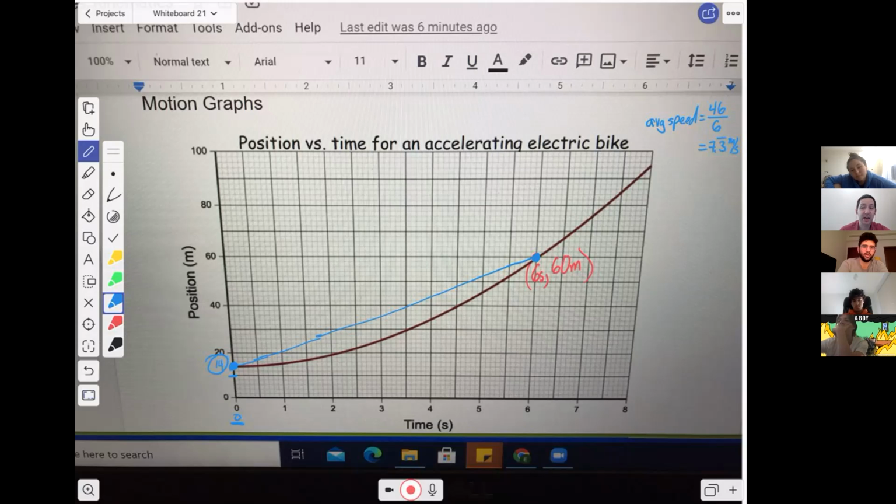How would I change that into the average velocity? What do you think, G-Man? What's going to be the difference between average speed and average velocity here?